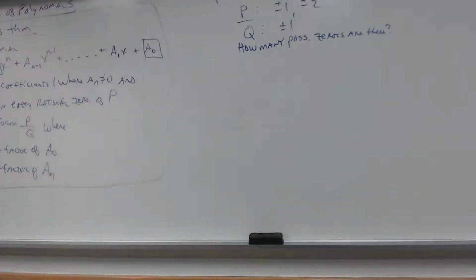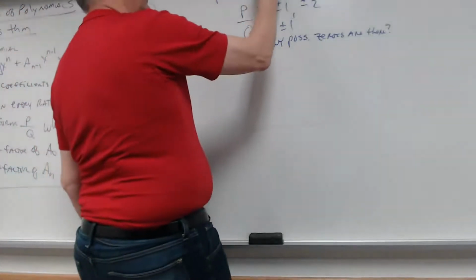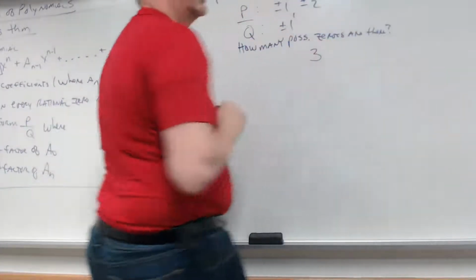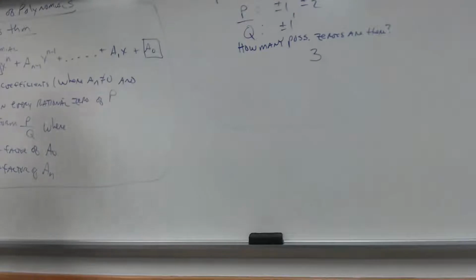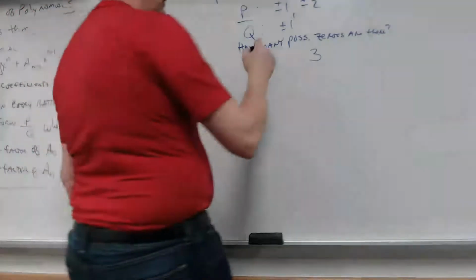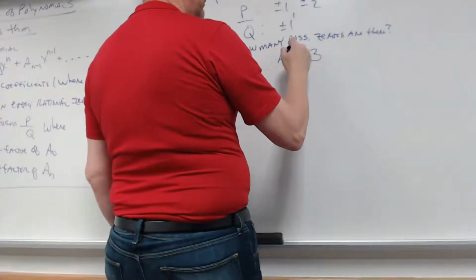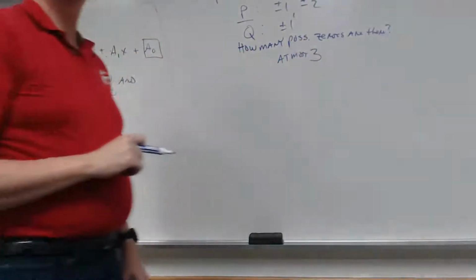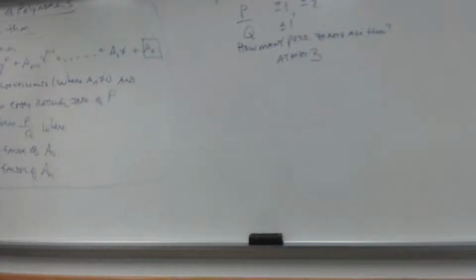Why do you think it's 3? The x is cubed. That's exactly right. You've got a degree 3, so you're going to have at most 3. You could have fewer than that, but at most you could have 3 zeros. In fact, later on we'll find the imaginary ones, but for today we're going to just stick with the real ones.